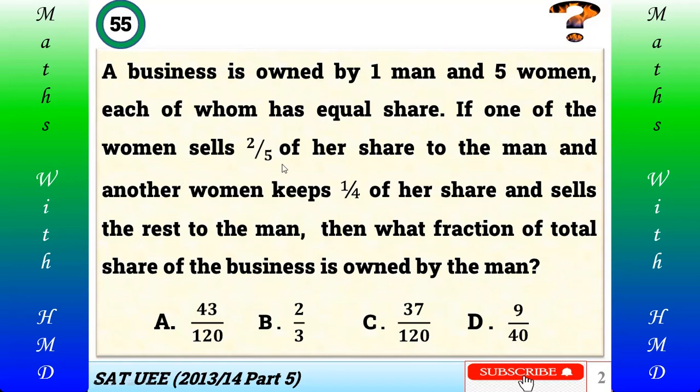If one of the women sells 2/5 of her share to the man and another woman keeps 1/4 of her share and sells the rest to the man, then what fraction of the total share of the business is owned by the man? A. 43/120, B. 2/3, C. 37/120, D. 9/40.